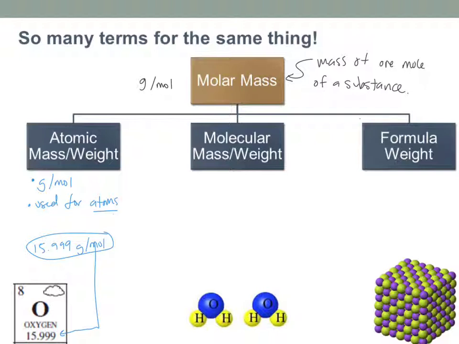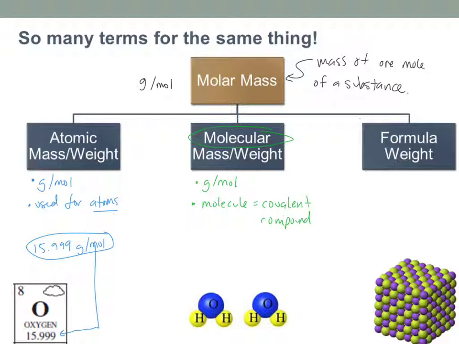Now, when people use the term molecular mass or molecular weight, it's still grams per mole. It's still a molar mass, only now you have the word molecular in front. The thing to keep in mind is that when someone says molecule, they mean a covalent compound.